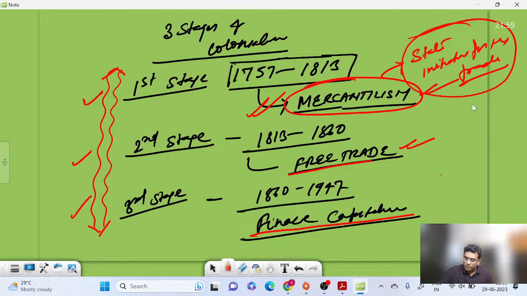Okay, mercantilism. In this phase, the East India Company transformed into a political power. Trade and commerce was the chief objective of this phase. The first phase was trade and commerce.